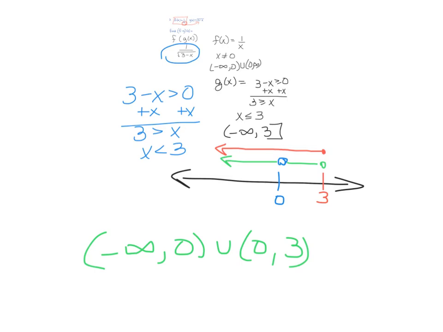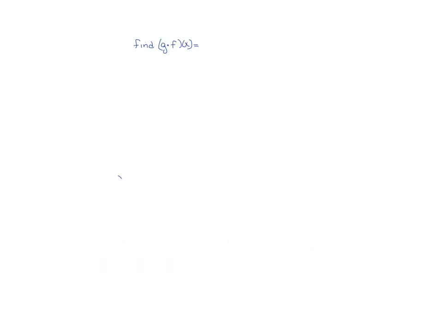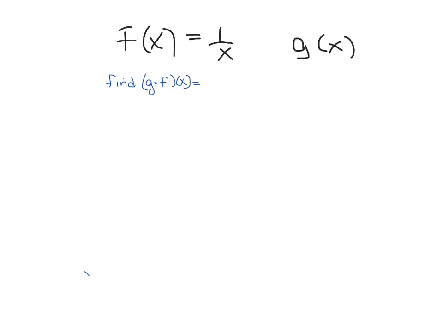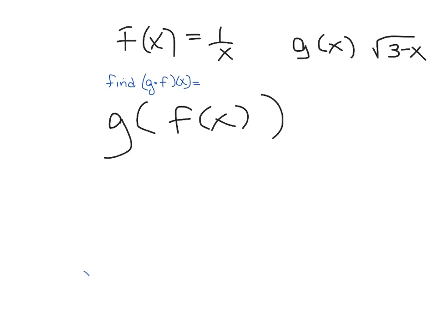One more example. Okay, same functions. So we're going to use f of x is 1 over x, and our g of x is going to be the square root of 3 minus x. This time they want us to find the composite of g and f. So now I'm going to take g and plug in f of x.